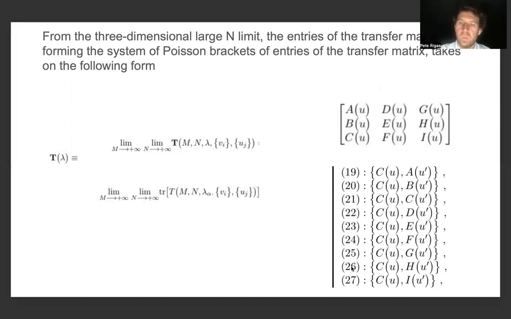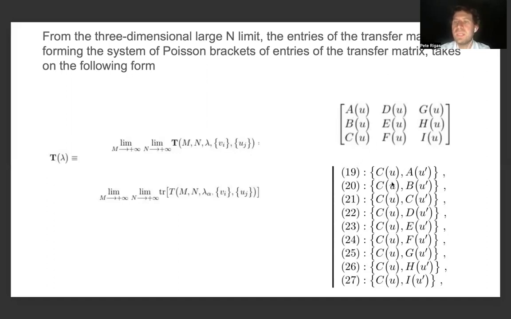And I just wanted to begin our discussion of the three-dimensional system of Poisson brackets that we obtained from this three-dimensional transfer matrix, and trying to recursively and asymptotically approximate the entries of this three-dimensional transfer matrix by looking at the C of U entry, which is the third entry in the first column.